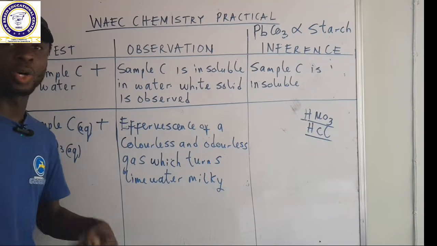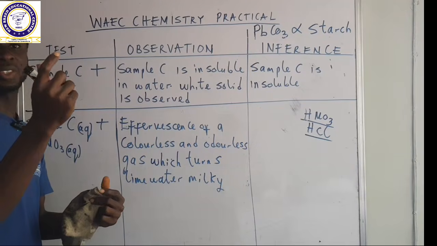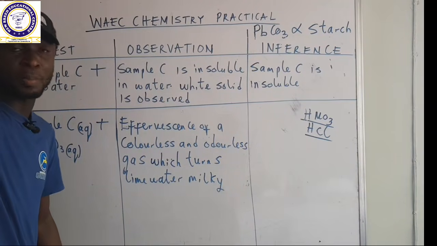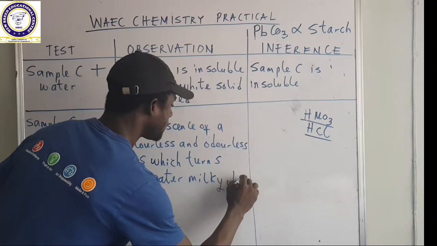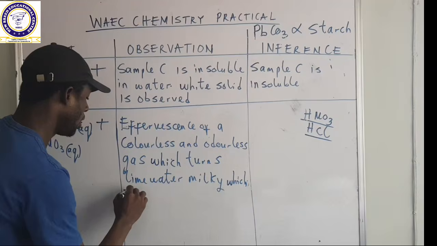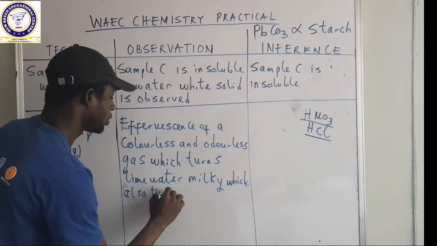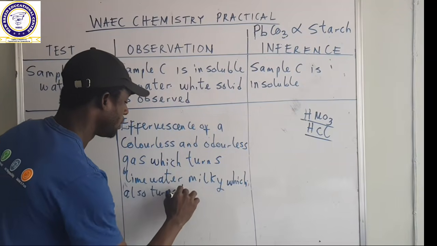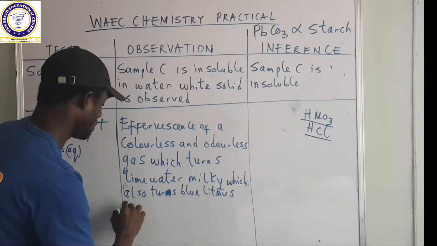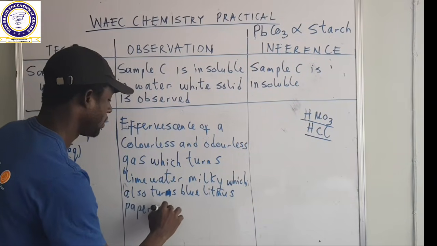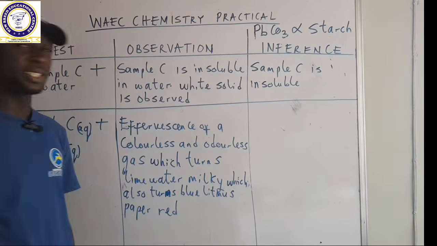That means if you also test that gas that is evolving out of the test tube with blue litmus paper, it will turn blue litmus paper red. You can also say which also turns blue litmus paper red.